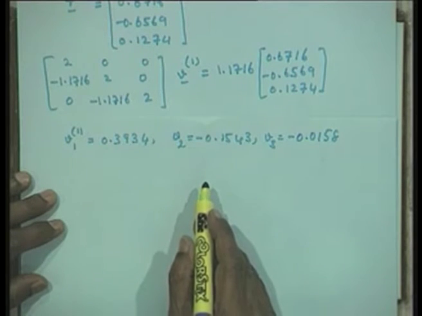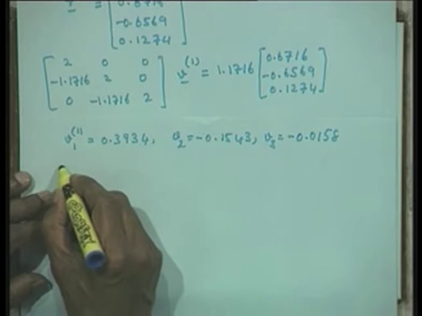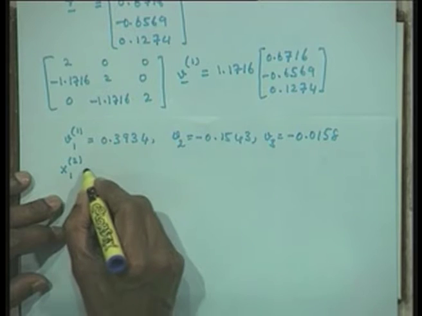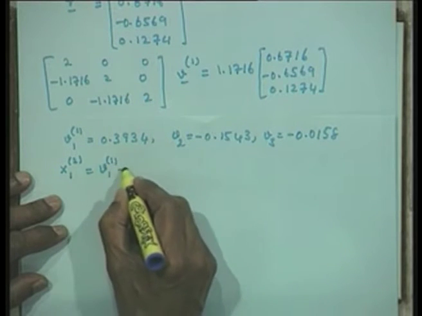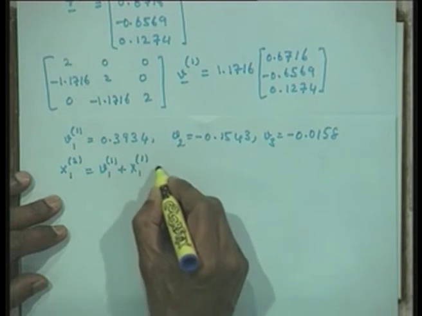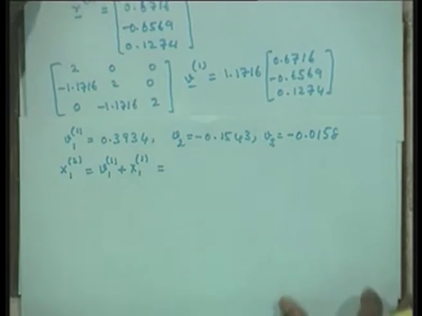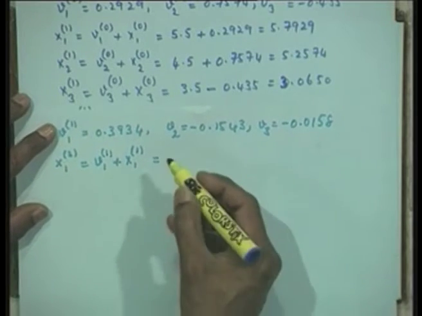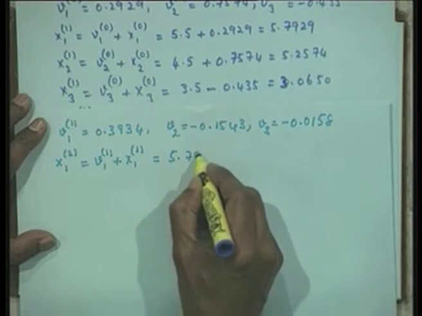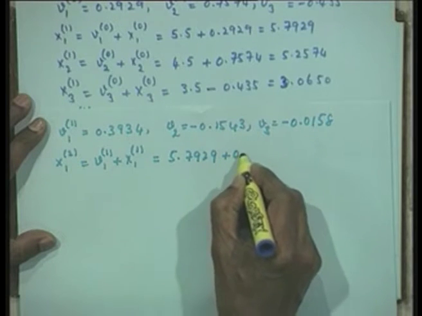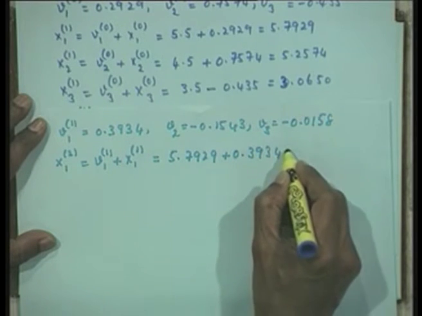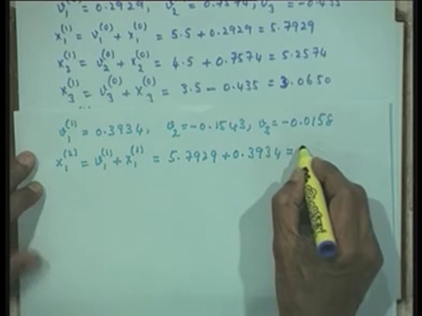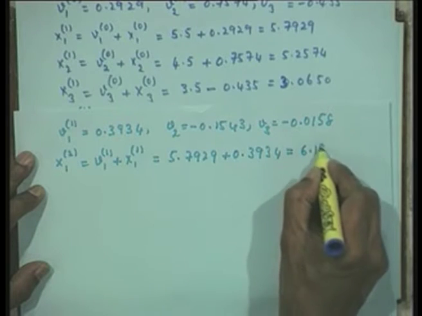Now I will update my value of x, that is x1 of 2 is equal to V1 of 1 plus x1 1. Now, let us go back to this slide. So, the value of x1 was 5.7929 plus 0.3934, that is 6.1863.